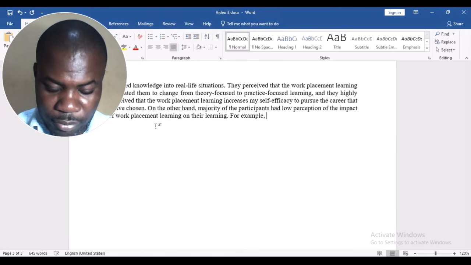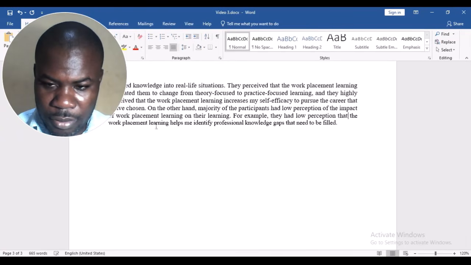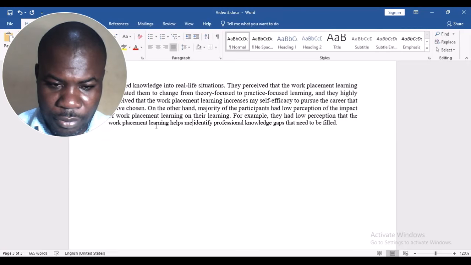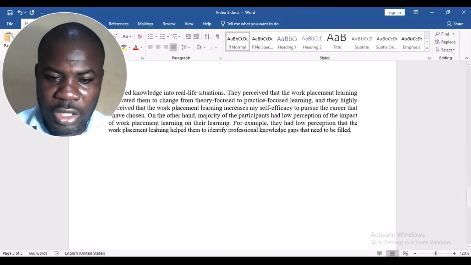For example, they perceived that the workplace helped them to identify gaps that need to be filled.